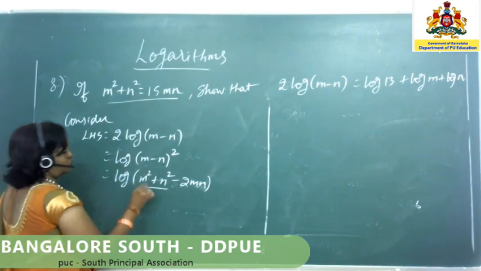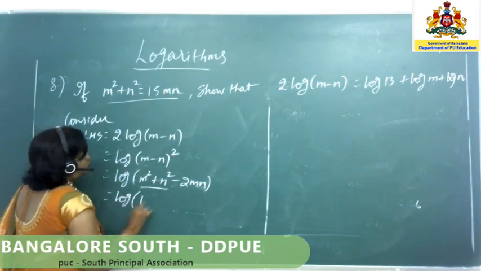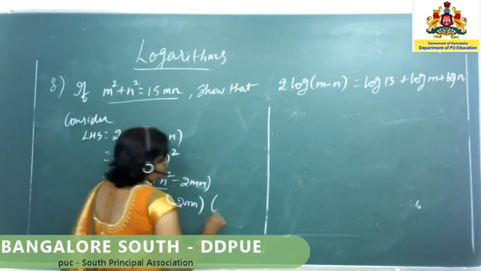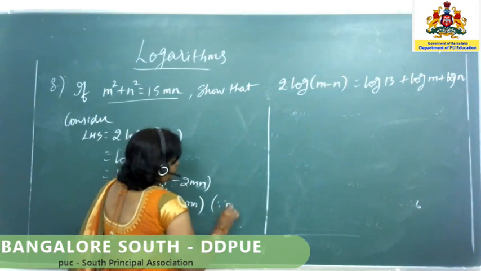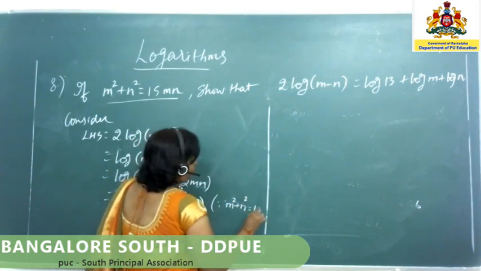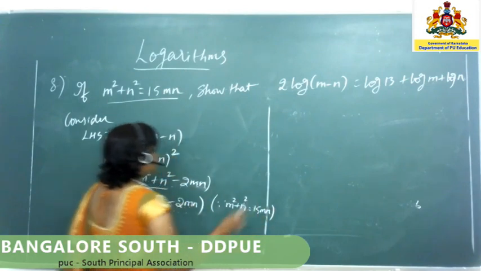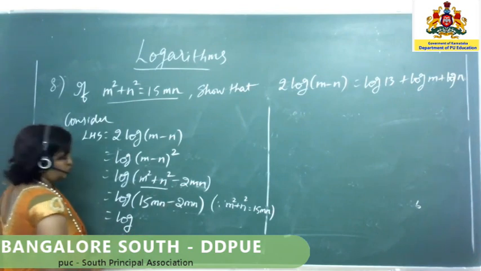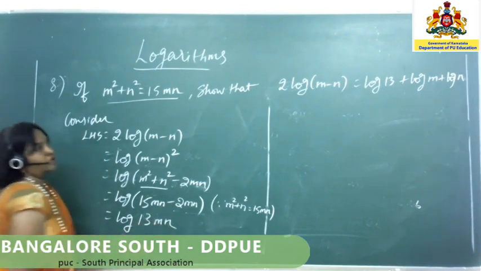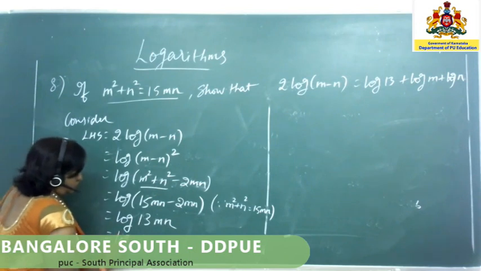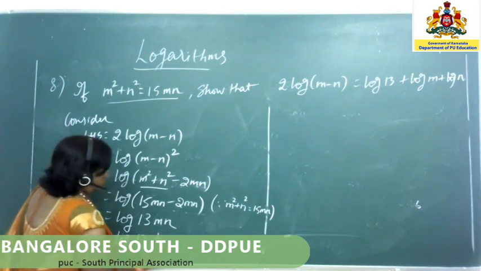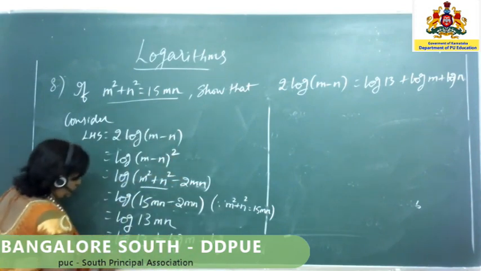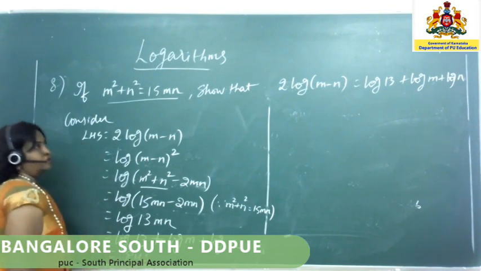You substitute this value here. So log (15mn minus 2mn), because it is given m square plus n square is equal to 15mn. So now this is equal to log (15 minus 2) mn, that is 13mn. So this can be written as log 13 plus log m plus log n. That is equal to RHS. Make a note.